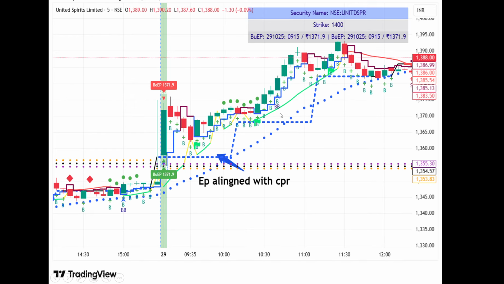These stocks, you can pick up from my screener. I have told you people how to make the screener for momentum stocks.